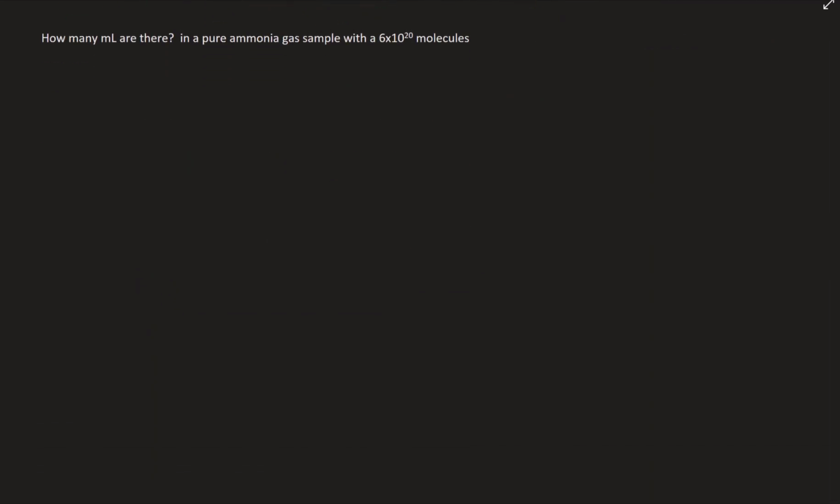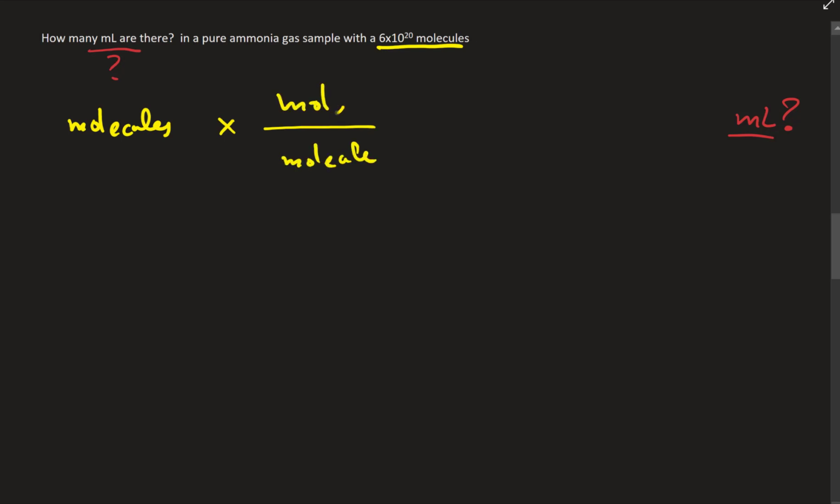Okay, let's look at this question. We are given molecules. Actually, the question is asking for milliliters. So I want to end up with milliliters and I want to start with molecules. How do we go from molecules to milliliters? We need the mole bridge, which is Avogadro.